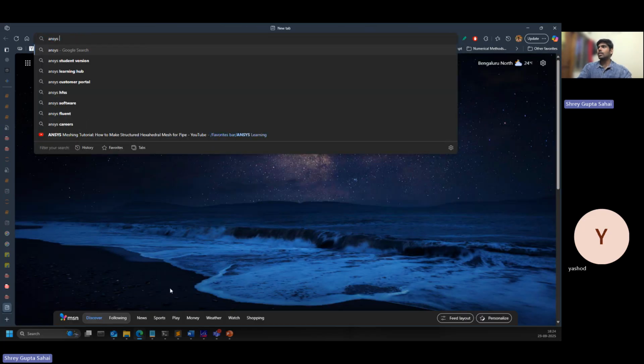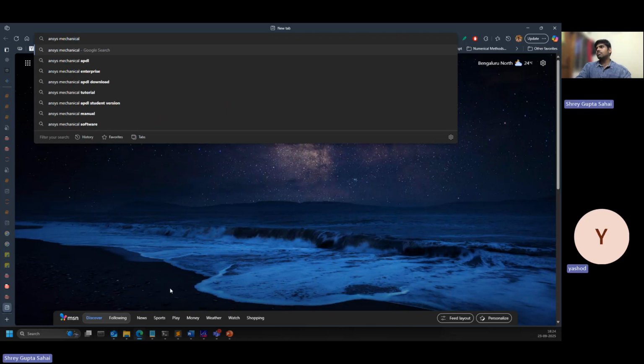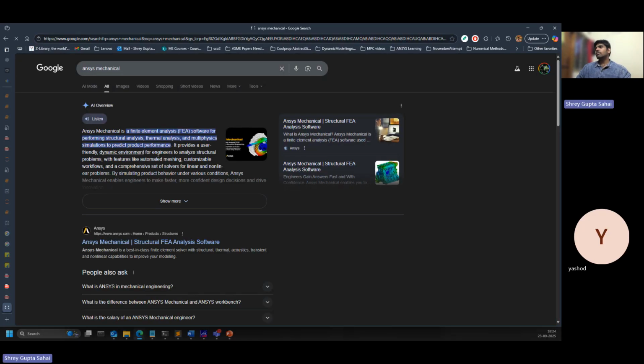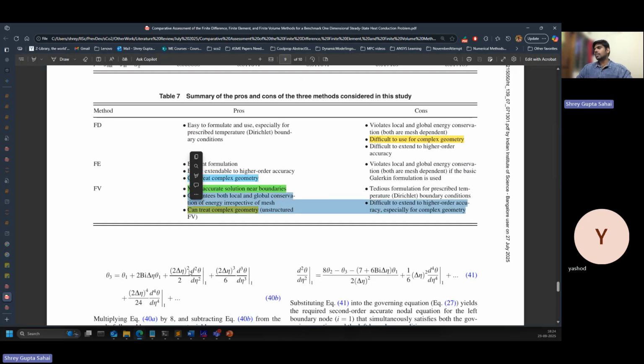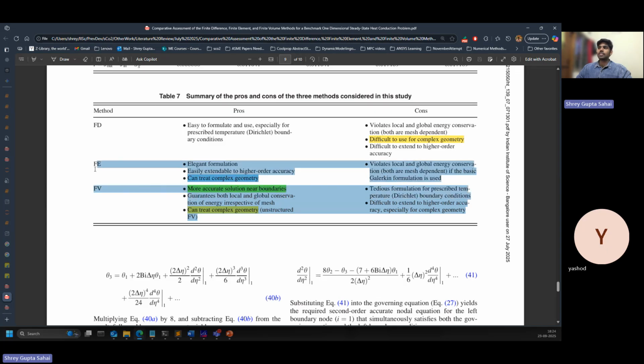ANSYS Mechanical? You call it finite element analysis. So FEA or CFD essentially, yeah, that makes more sense than finite difference.